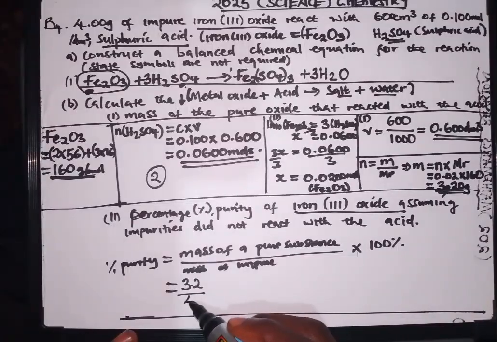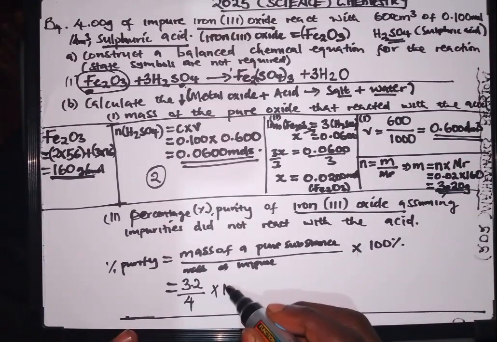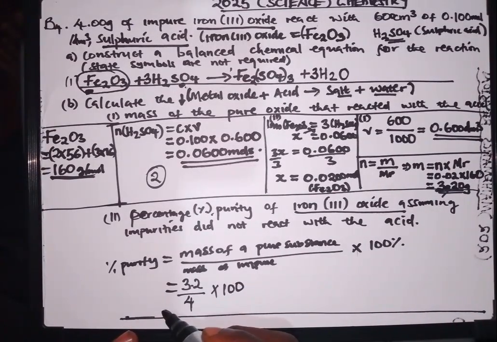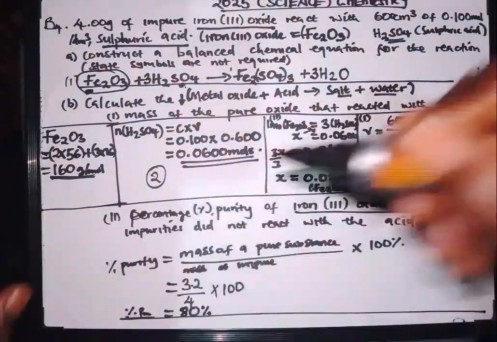So you say 3.2 over 4 multiplied by 100. Then you get your final answer to be 80% as your percentage purity. Yeah, so this question came last year, as you can see.